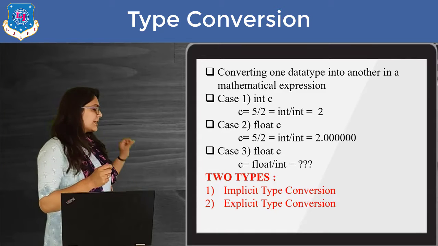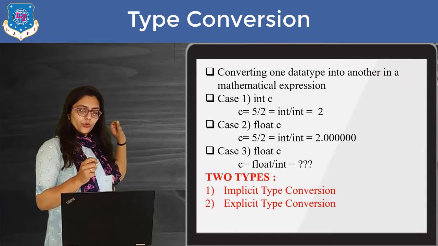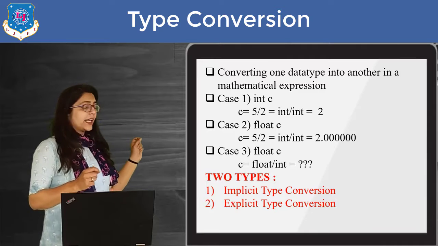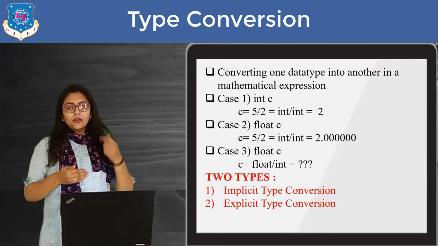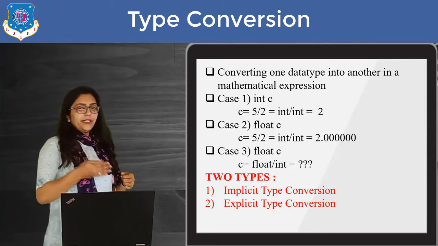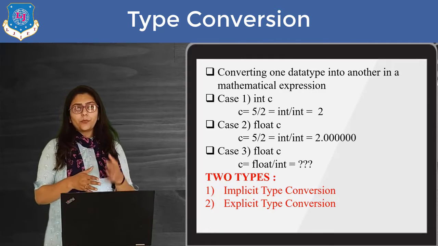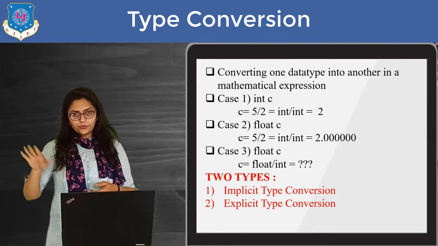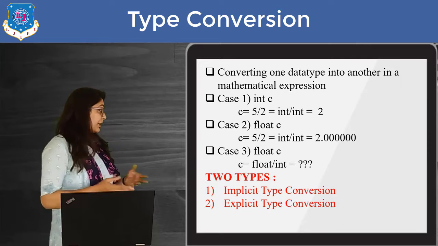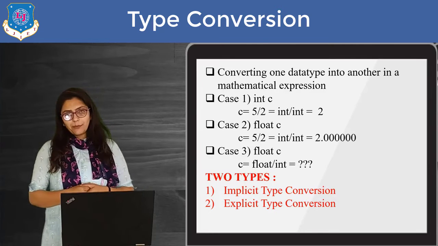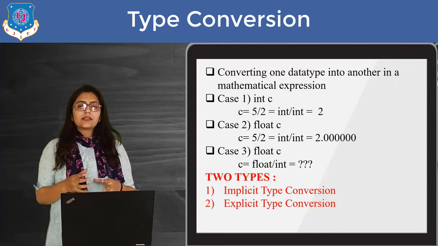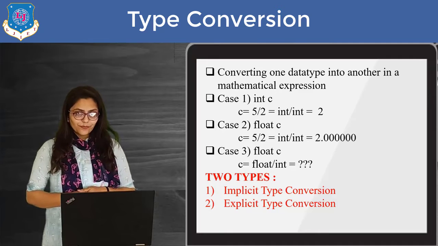One minor change is in first case you are getting just 2 as an integer. In second case you are getting 2 accurate till 6 decimal points, that is 2.00000. There is no difference. Why is it happening? It is because of some kind of internal rules.